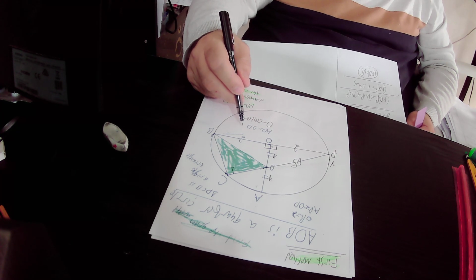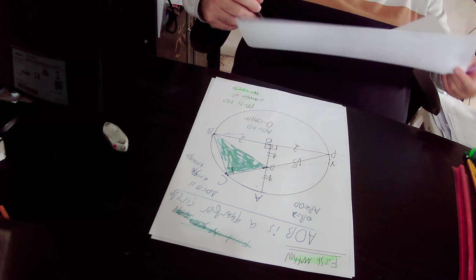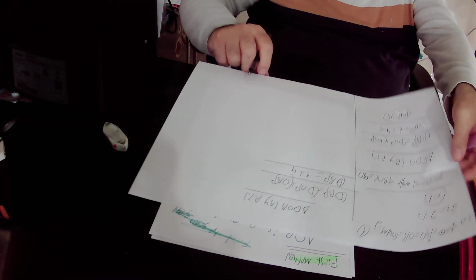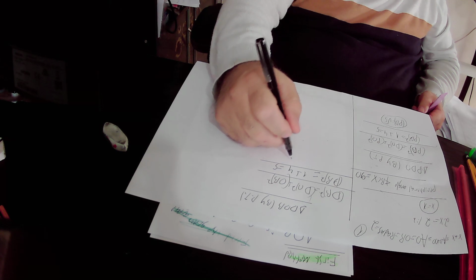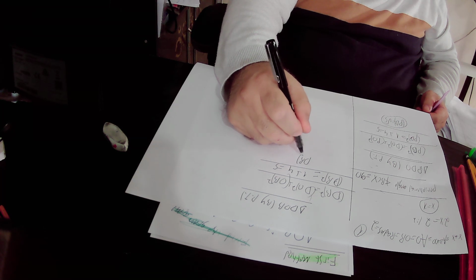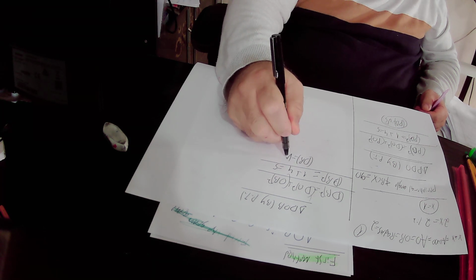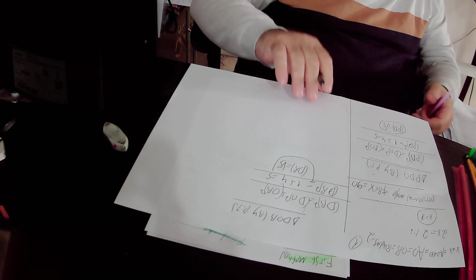OB is 2, so OB square is 2 squared, that is 4. So in conclusion, we found out that DB square equals to 1 plus 4, that is 5. We take out of this equation and we get that DB equals to the square root of 5 units. Okay, DB equals to the square root of 5 units.